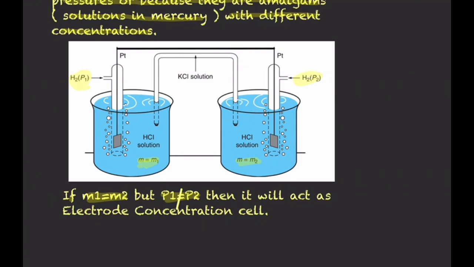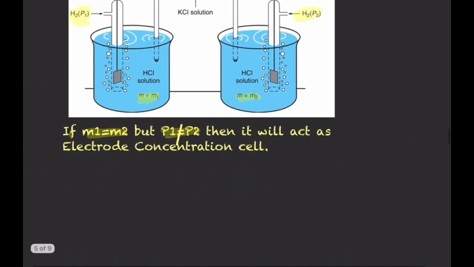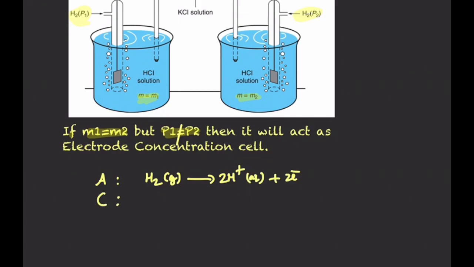For this cell, if I write the reaction taking place at the anode, hydrogen in gaseous state will oxidize to form 2 H plus ions in aqueous state plus 2 electrons. At the cathode, 2 H plus ions in aqueous state will accept 2 electrons to form hydrogen in gaseous state.